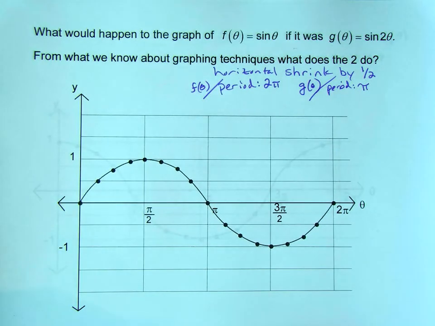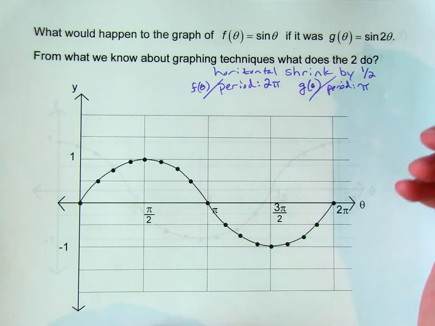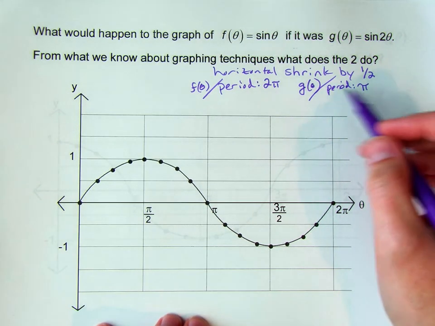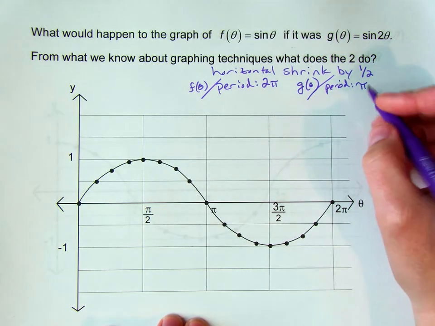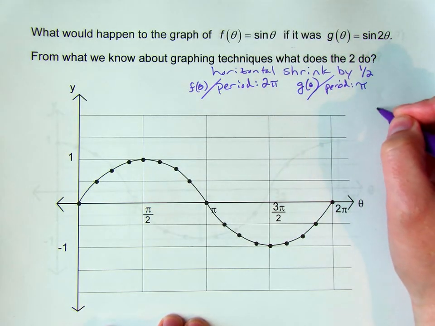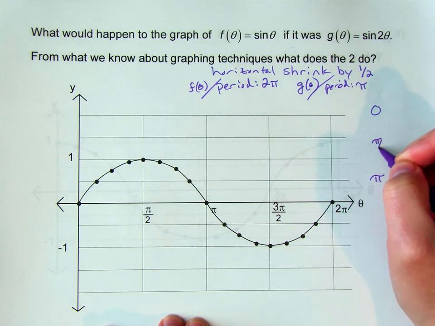Now for these, I do horizontal shrinks a little bit different. I'm going to take my period, and because we always start at 0 for the beginning of the period, I'm going to go 0 and pi. I'm going to cut that in half. What's half of pi? Pi over 2.